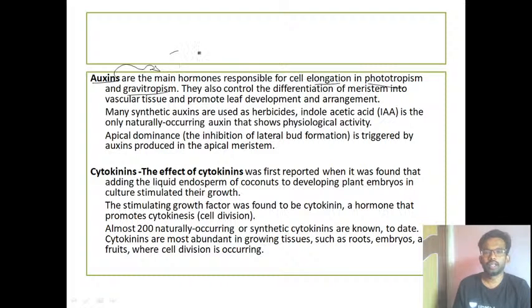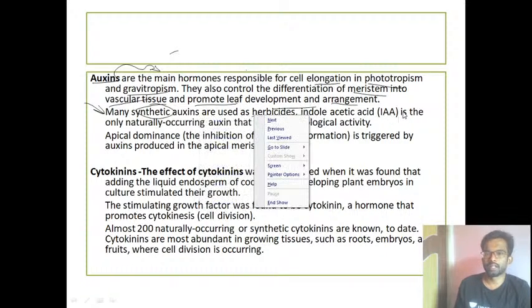Next point, they also control the differentiation of meristem into vascular tissue, and promote leaf development and arrangement. Many synthetic auxins are used as herbicides.